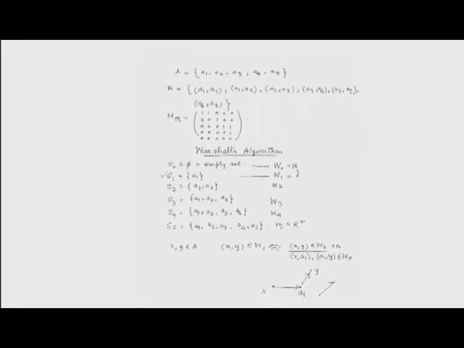So, we have a path from x to y. If this happens, or if x and y are directly connected through the relation R or W0, whatever we say, then we say that it is in W1. The question at this point is how do we construct the matrix corresponding to W1 based on the matrix corresponding to W0.